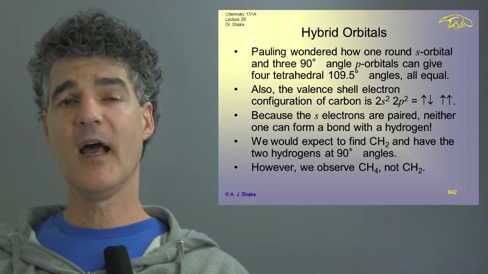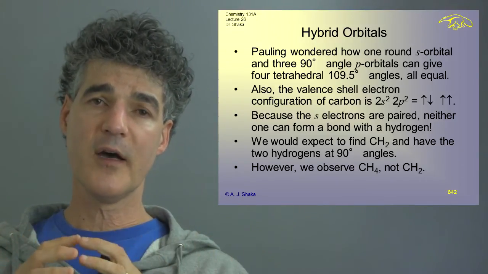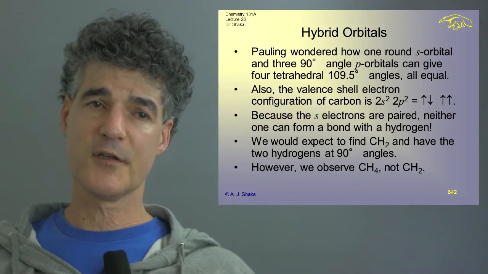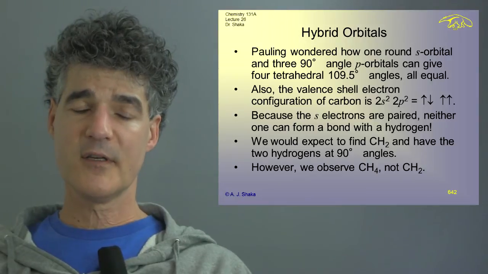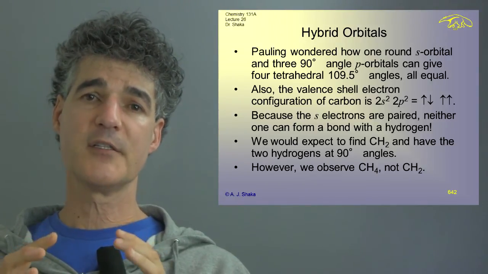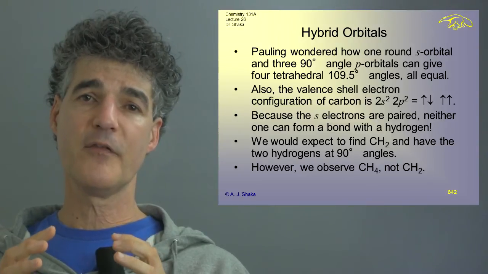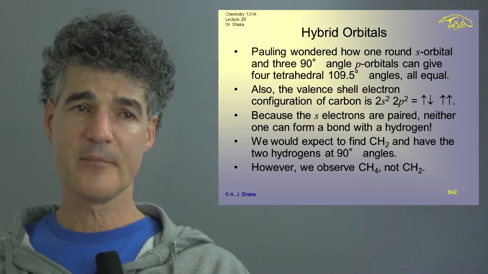Pauling wondered how, if you had carbon and 4 hydrogens, why you got a tetrahedral structure. And in particular, you know what the valence orbitals for the carbon atom are. You've got a 2s, which is round, and then you've got 3 2p's that are all at right angles to each other.